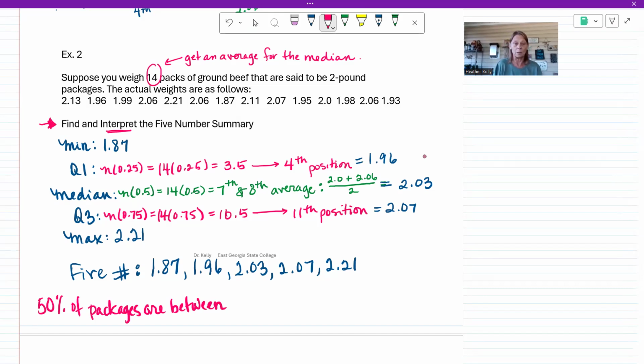They're between the minimum, which is 1.87 pounds, and 2.03 pounds, right? Because that's that first piece.